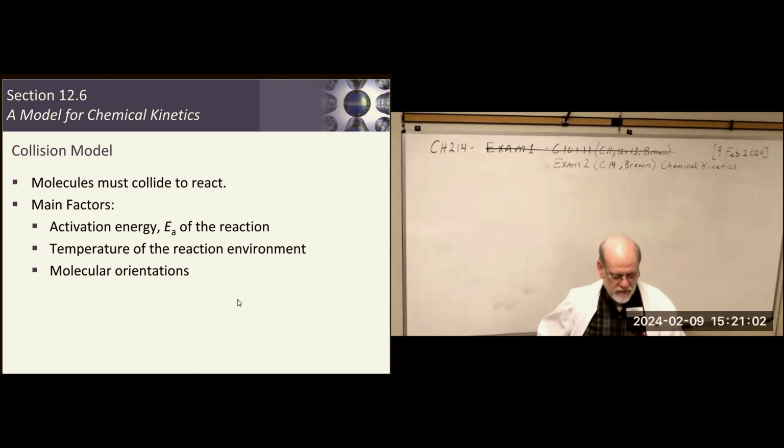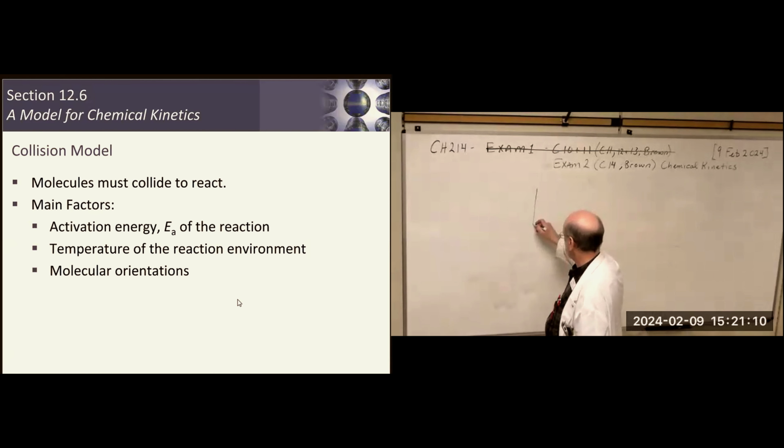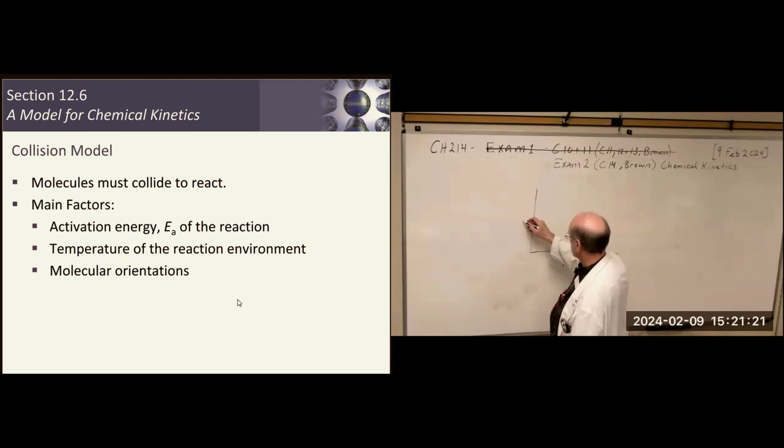So the main factors we're interested in are activation energy. And activation energy is, let's see, have I drawn this before? All right, this is the progress of the reaction. And say this is the potential energy of all the components. So if we start up here, these are the reactant energies all together.